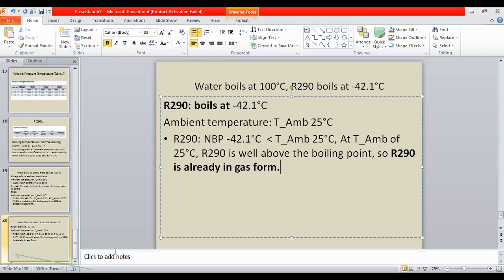That's what I want to mention to you. So this is what we can interpret from the normal boiling point.